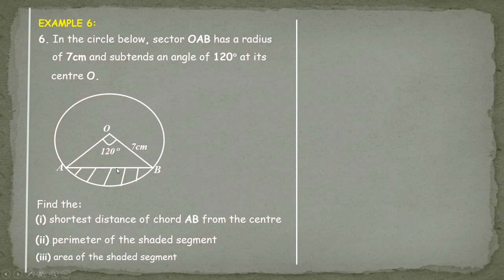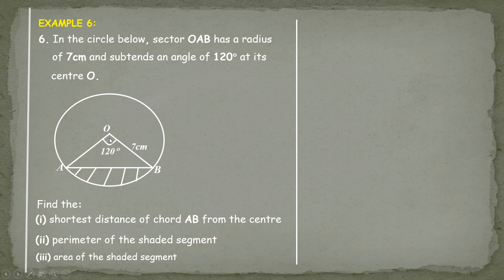Now the shortest distance of the chord AB from the center must be perpendicular to the chord AB. So if I draw a line from the center O to AB, I can only achieve the shortest distance once this one is perpendicular. So this is now going to be 90, the shortest distance.